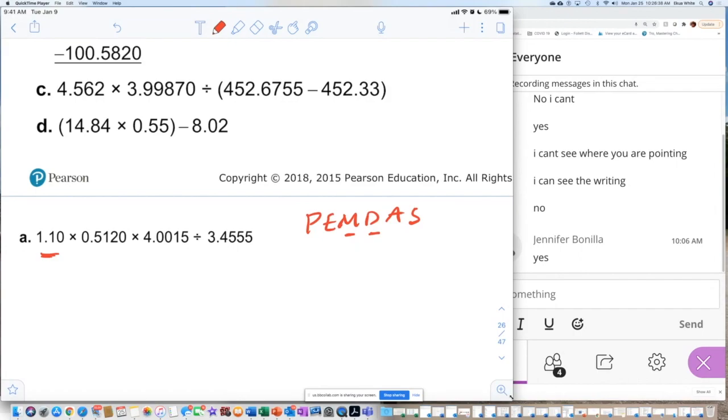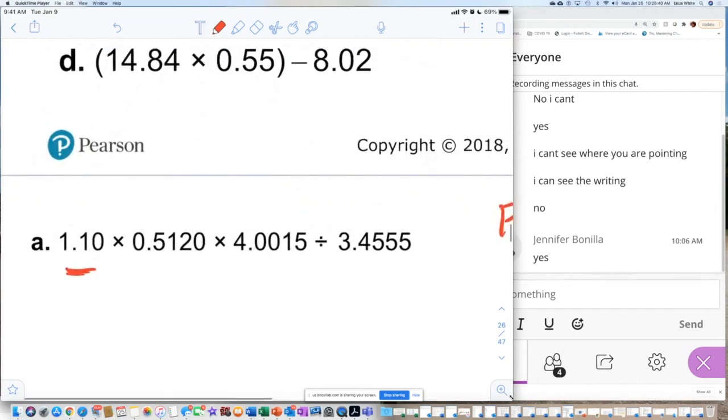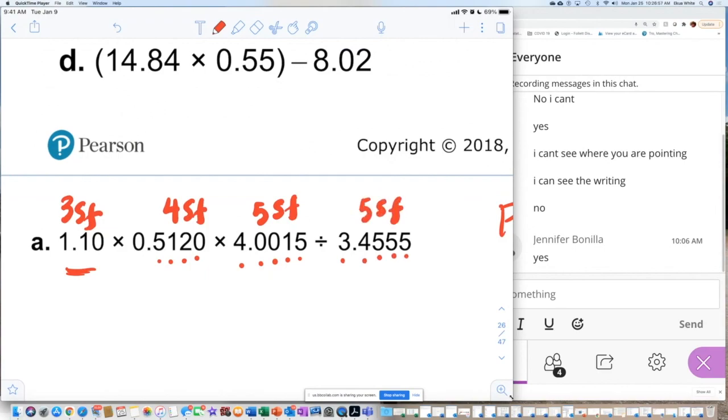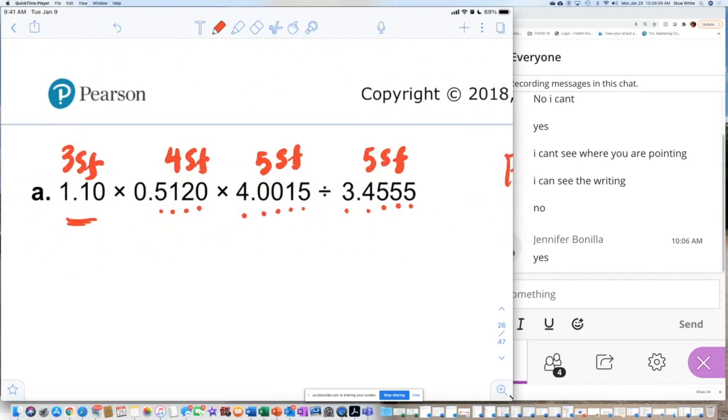So what I mean by that is this one here is 3 significant figures, right? This is 1, 2, 3, 4. 4 significant figures. This is 1, 2, 3, 4, 5. 5 significant figures. This is 1, 2, 3, 4, 5. 5 significant figures. Okay? So let me start with this. This is 1.10 times 0.5120.